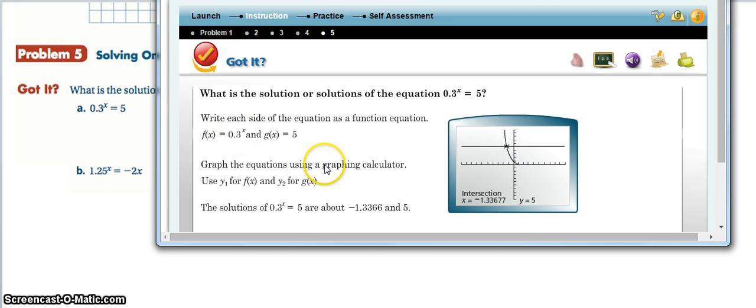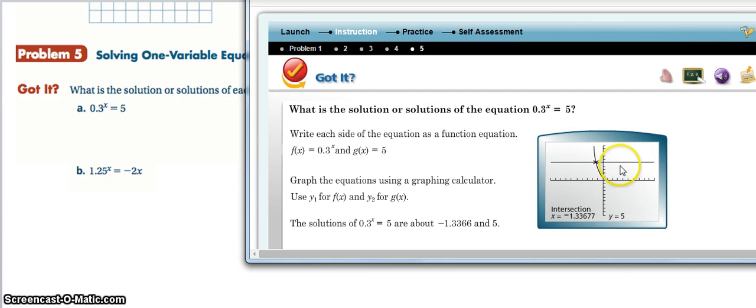Well, that actually is right about negative 1.33677. It starts to kind of taper off after that, but that would be one of our values for that function. And I cannot actually figure a way to get the right side of this parabola to show, but if it did, you would see that the other x value for this solution is at right about 5. So our two solutions are negative 1.336 and right around 5.